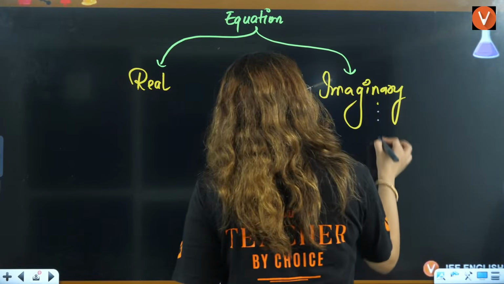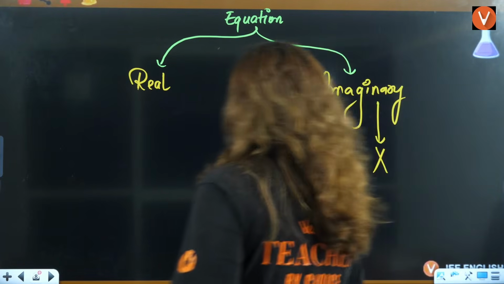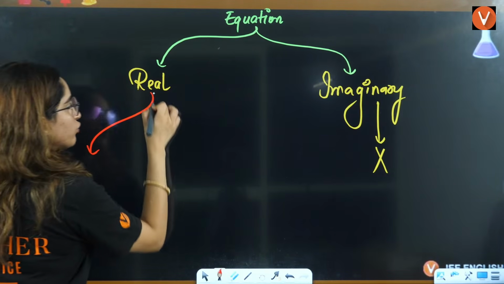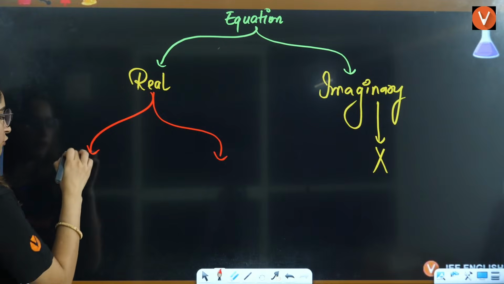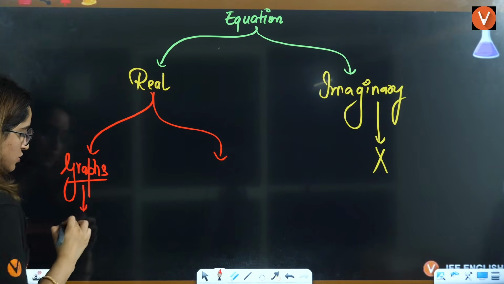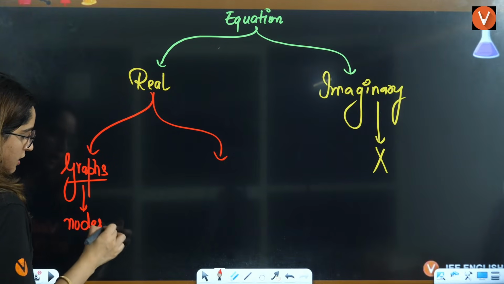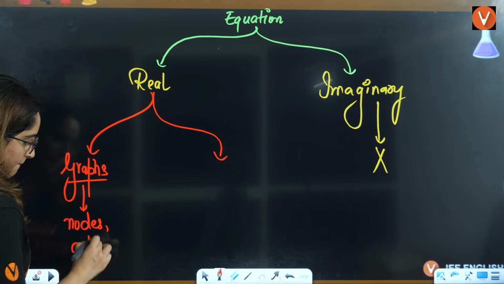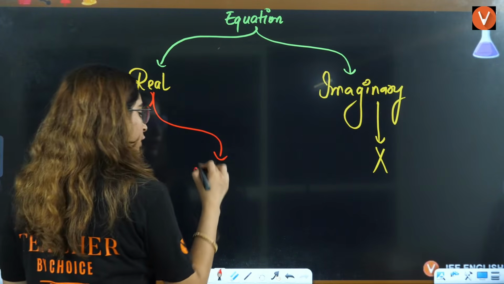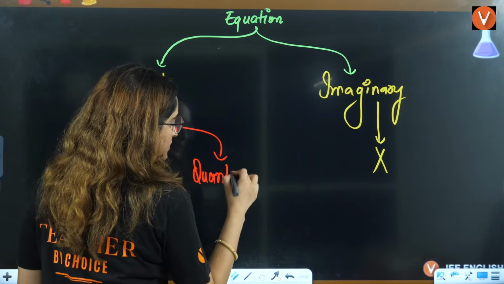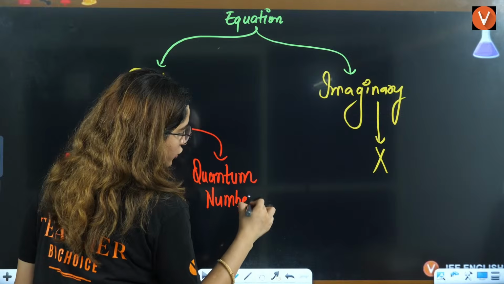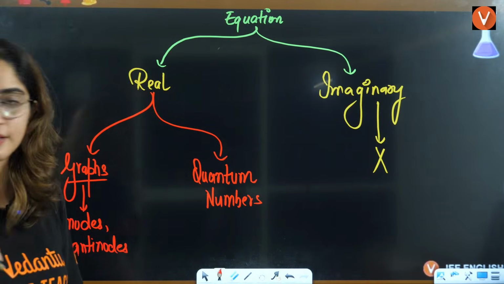This we are not going to discuss. We are going to see that the solution of the real value will be in two forms. One will be the graphs, where we are going to discuss nodes, antinodes, and here we are going to discuss quantum numbers. These are the two main things that we are going to discuss.